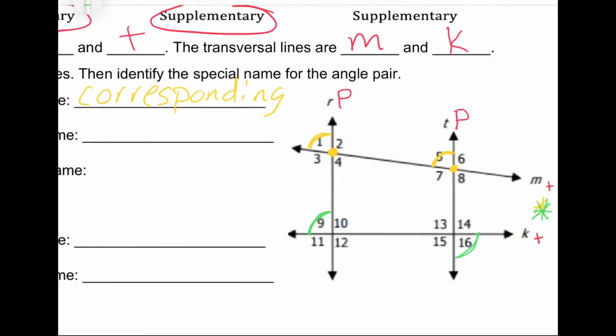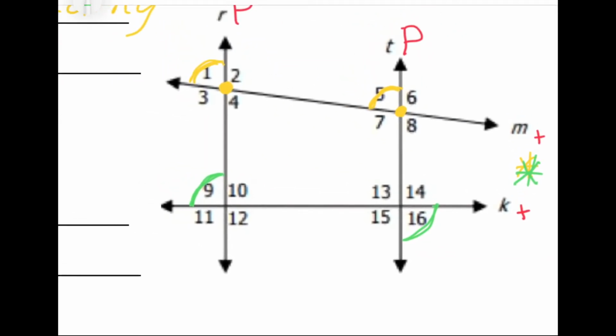And then we have to identify what the special name for these angles are. Well, remember, these up and down lines are parallel lines. So are both angle 16 and angle 9 on the inside or the outside of the parallel lines? In between would be inside, outside would be not in the middle.